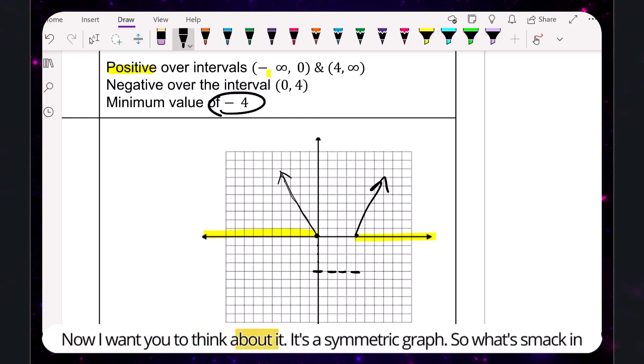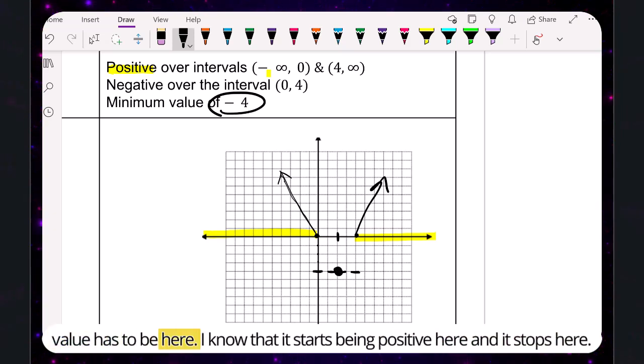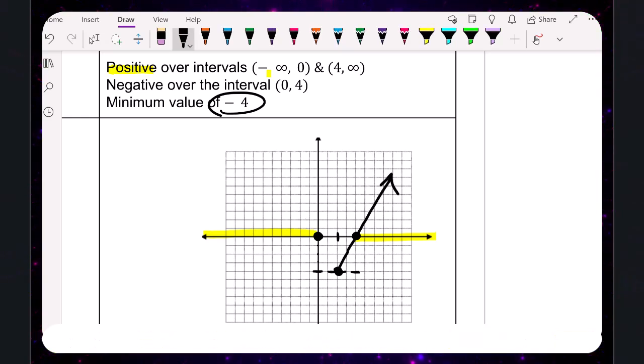Now, I want you to think about it. It's a symmetric graph. So what's smack in the middle of these two right here? Positive 2. So my vertex, my minimum value has to be here. I know that it starts being positive here and it stops here. So I think what I'm going to do is I'm just going to connect like that right there.